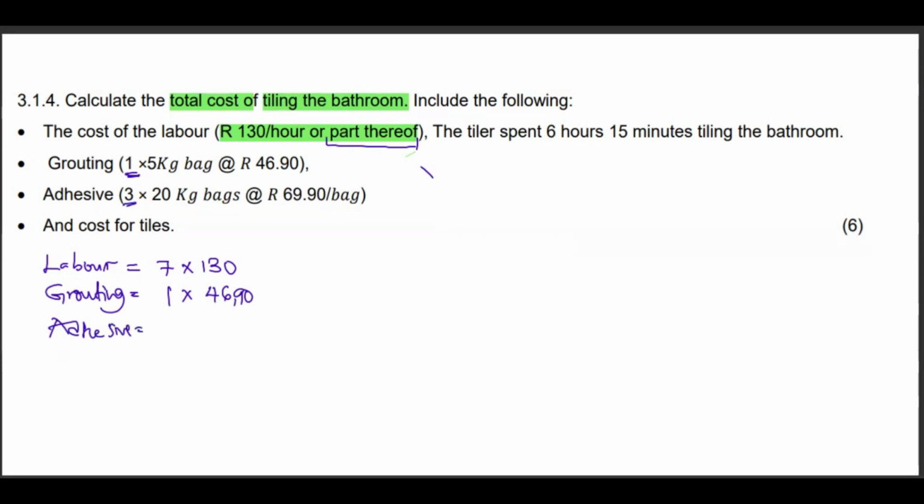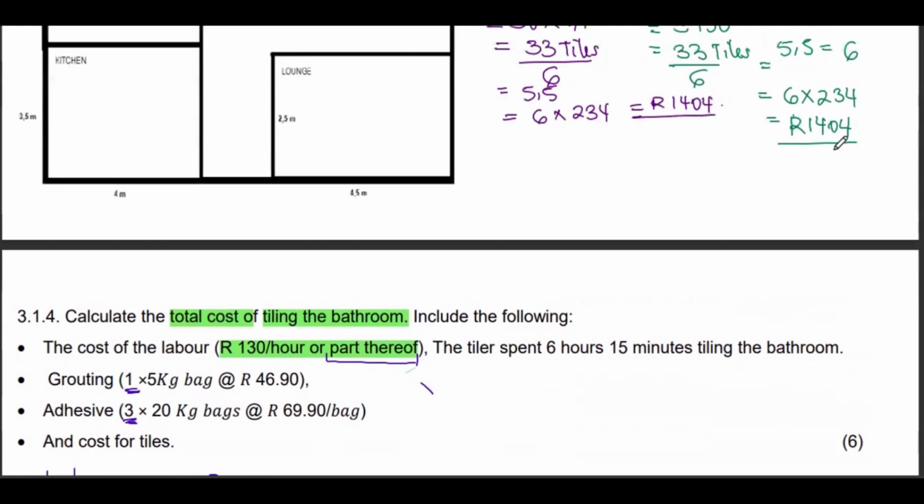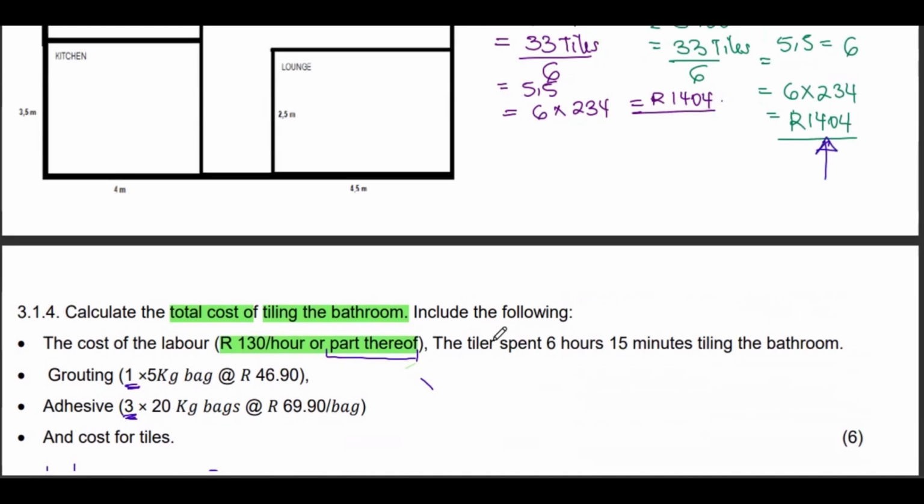We are going to buy 3 20 kg bags. So this will be 3 times 69,90. Then the cost of tiles. The cost of tiles, we've just seen it as 1,404. 1,404 is from the previous question.